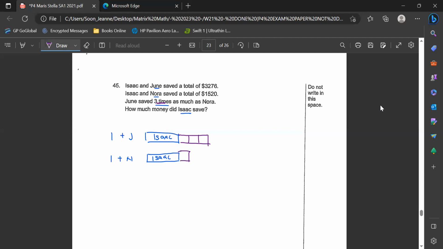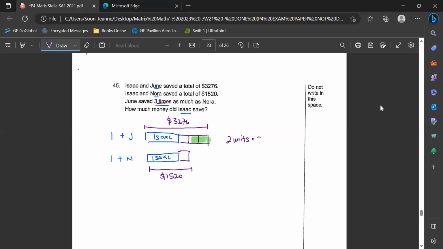So I'm going to fill up the amount of money for Isaac and June, which is 3276. Isaac and Nora will be 1520. Over here, you can see that there's a difference of 2 units. So how do we find the value of 2 units?